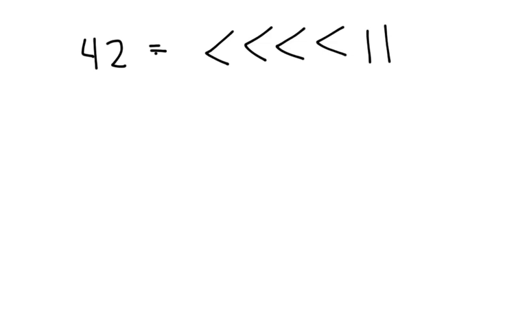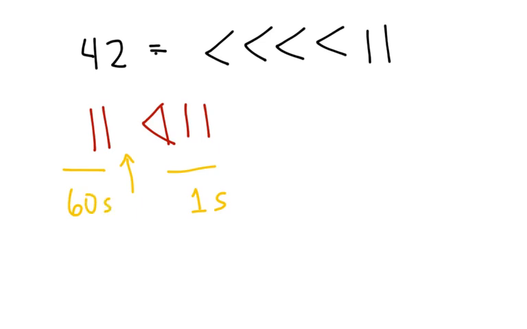Things get a little more complicated when we introduce more place values. For example, if we're given this Babylonian numeral, and I want you to notice the space in here. That's how we know we've got a place value difference. So what we've got here in our base 60 is this is our 1s column, and this is our 60s column.